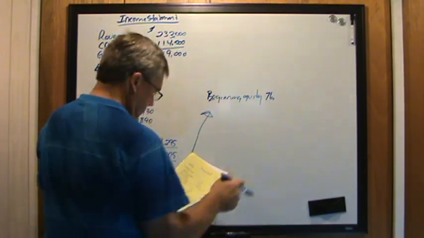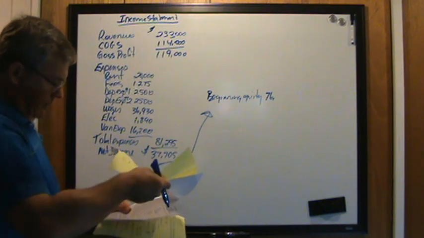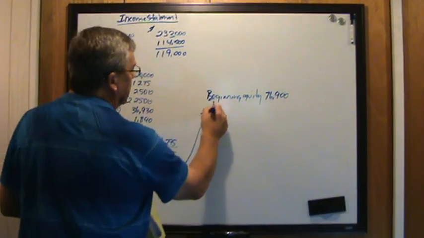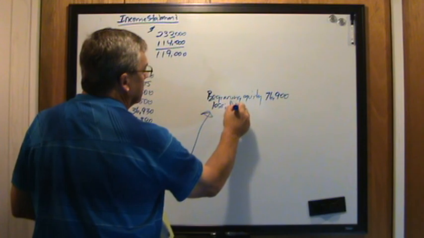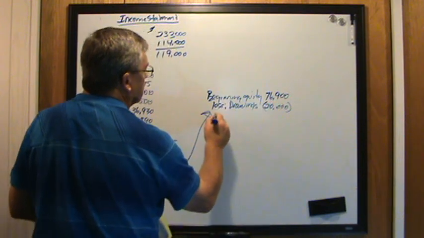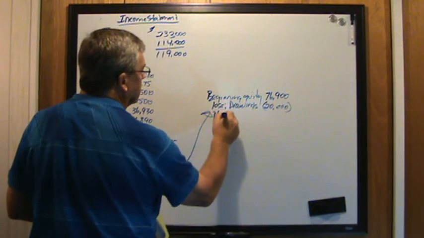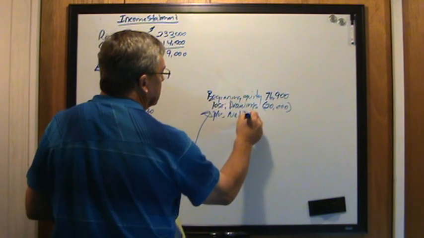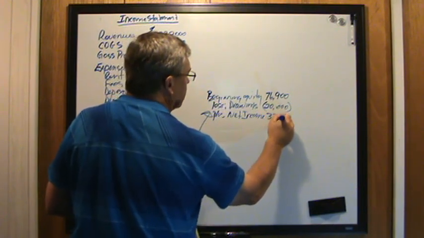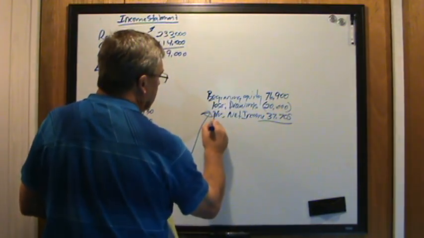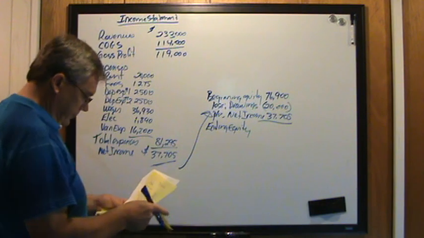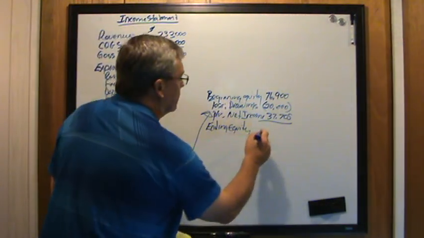Less drawings of 20,000 plus net income of 37,705 for ending equity equal to 94,605.